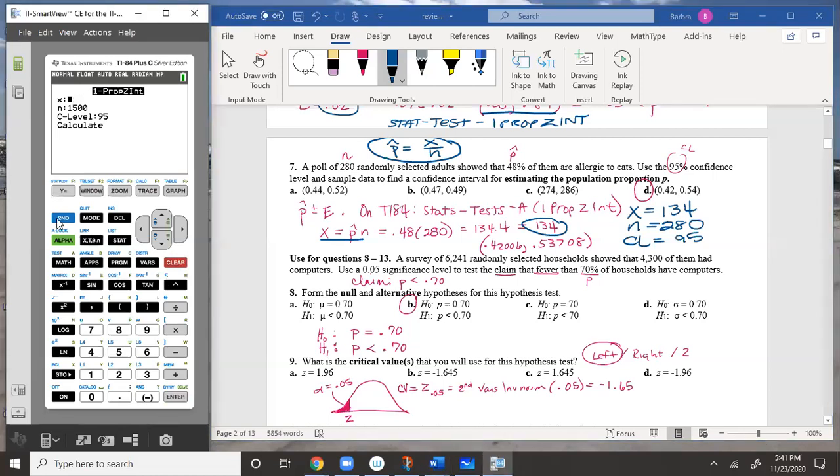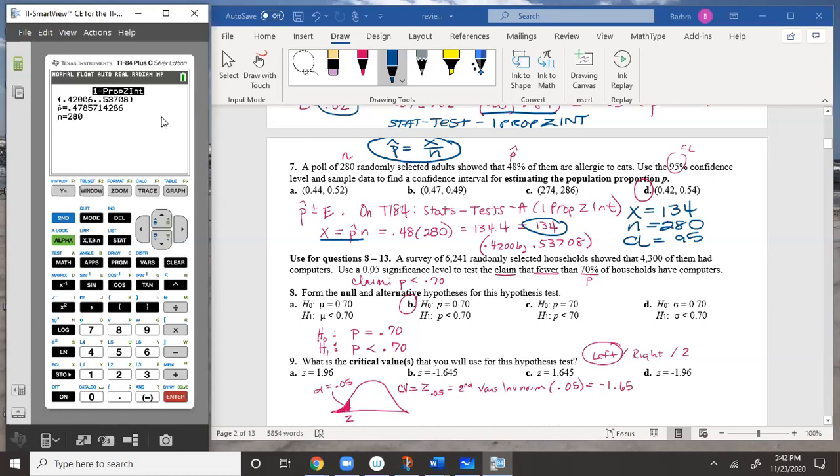Okay, so I'm going to start over with you. Stat, test, 1 proportion Z, and we have 134, 280, and 95.